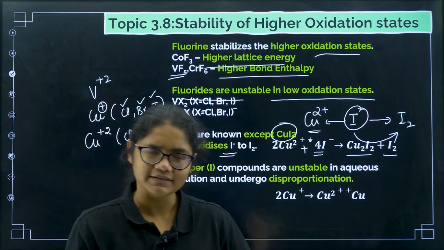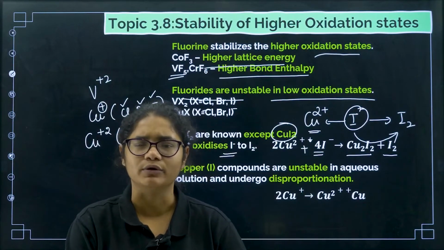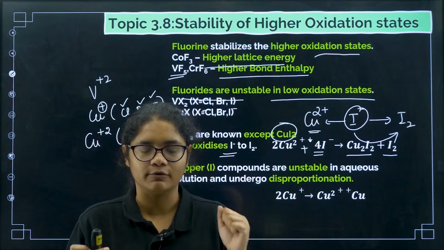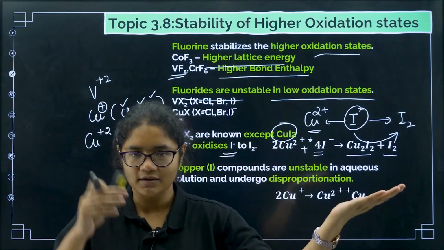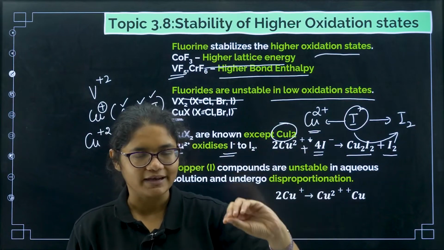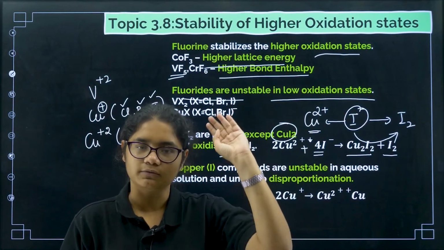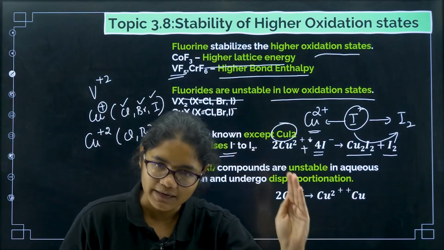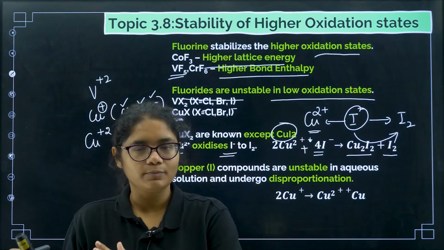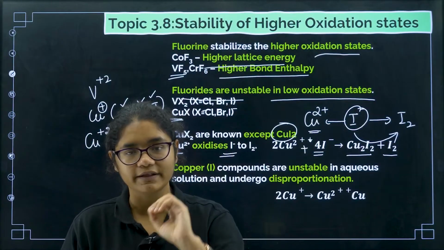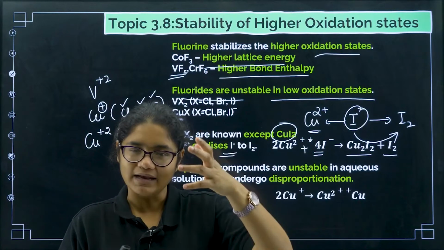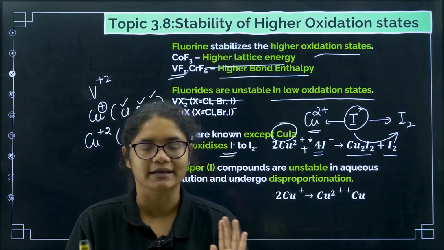Once again, let's listen again to what I am saying. Copper has two oxidation states, +1 and +2. Copper +1 is a very friendly species, reacting with bromine, chlorine as well as iodine. Copper 2+ is a little different, reacting only with bromine and chlorine. When iodine comes, copper does not react with it.